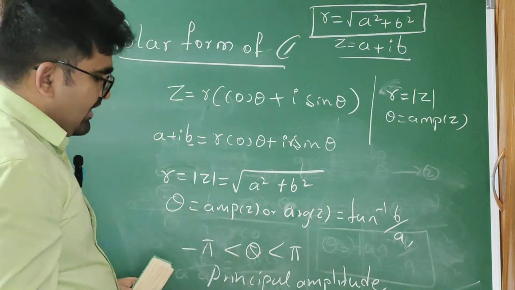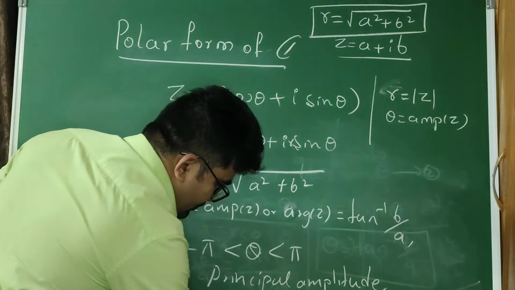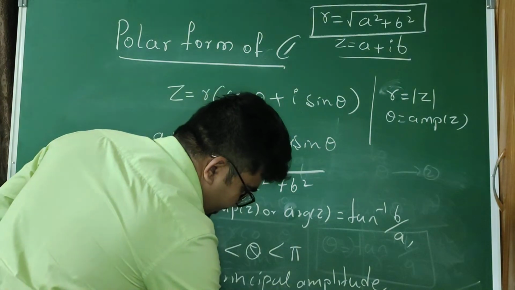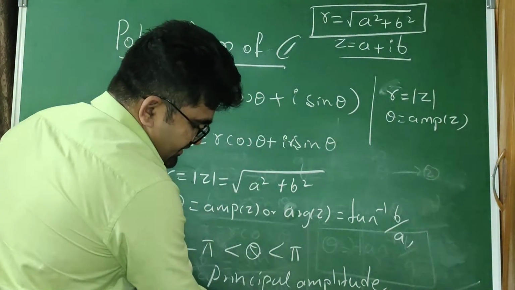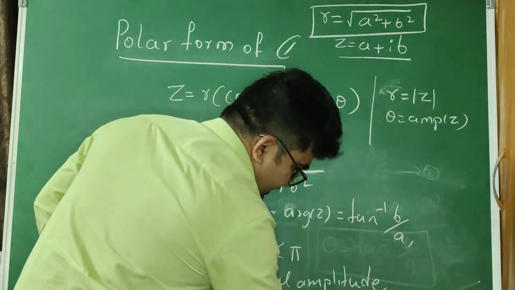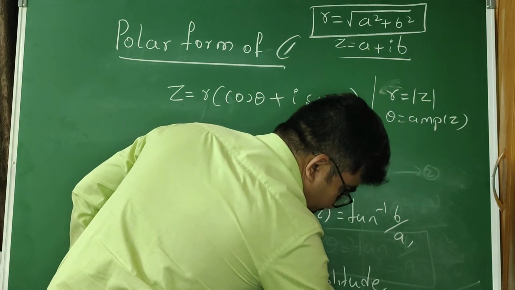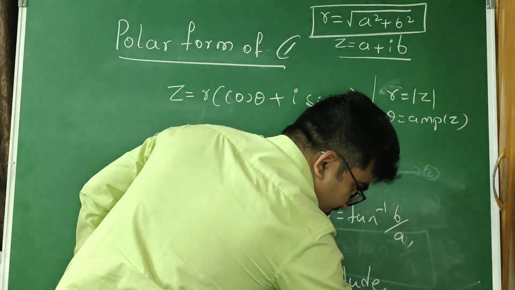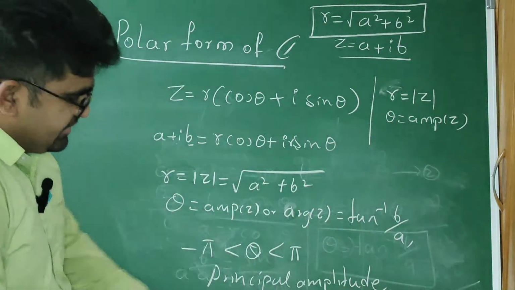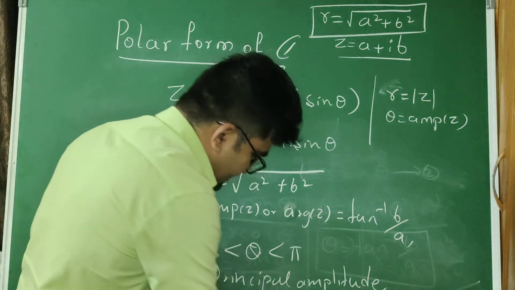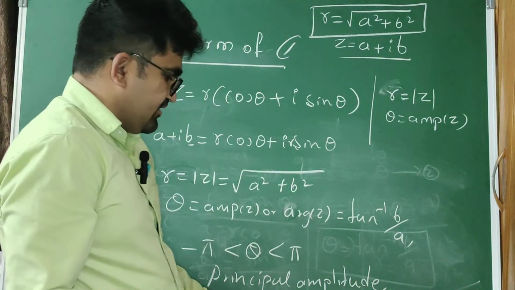And the general amplitude is written as 2n pi plus theta. Remember, the general amplitude is 2n pi plus theta, where n is any negative or positive integer. Here n is a negative or positive integer. This is nothing but what we call the general amplitude, right?